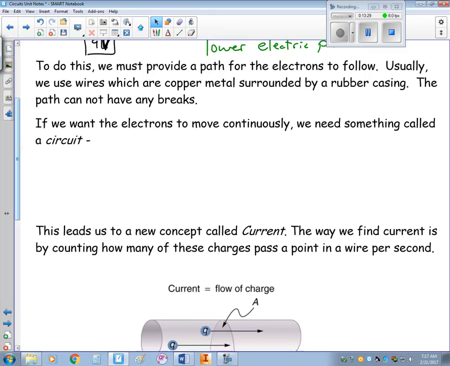So if we want the electrons to move continuously, we need something called a circuit. So a circuit is a continuous path. So let me introduce some symbols here. This is the symbol for a battery. The longer line represents the positive terminal. The shorter line represents the negative terminal.